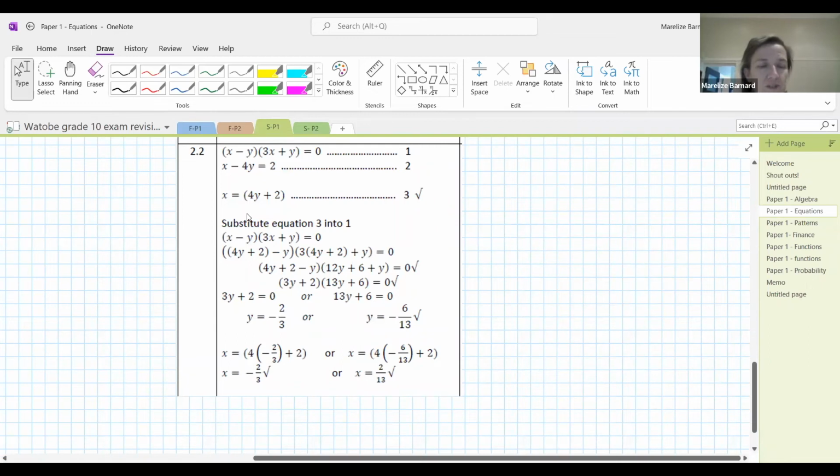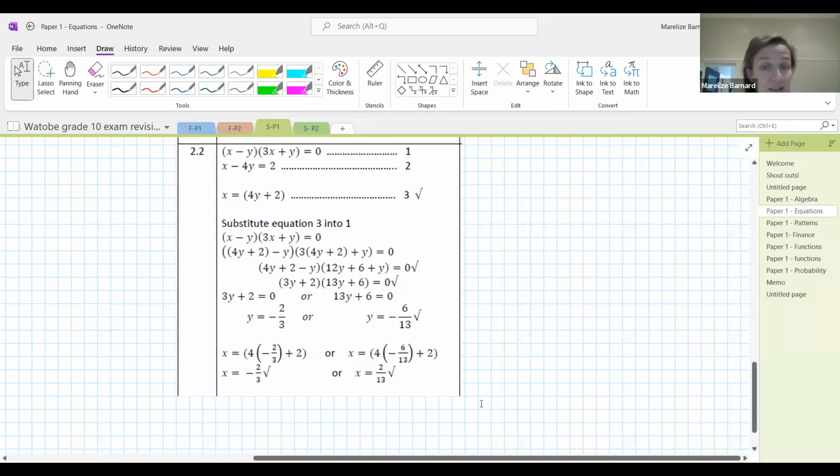If you first said that x is 4y plus 2, and then substitute that into your brackets and multiply them out, you get y is negative 2 over 3, or y is negative 6 over 13. Once you've done that, you substitute back in to find your x's.